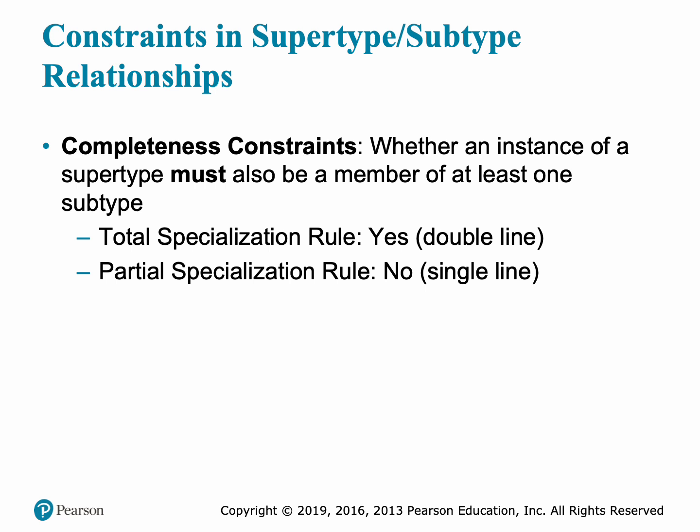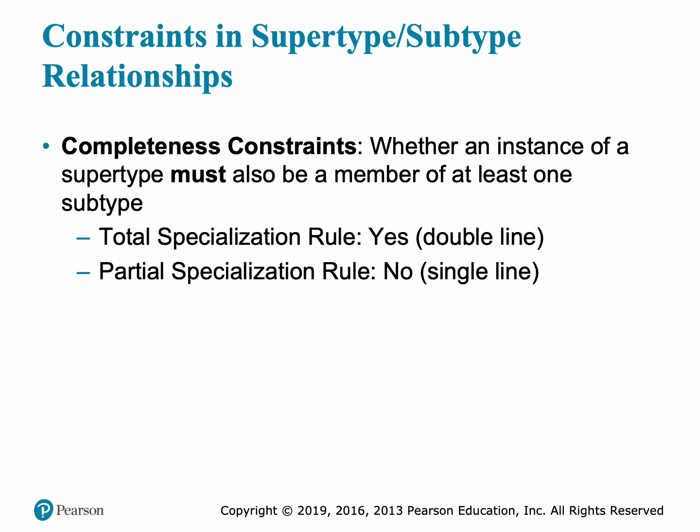In a university database, consider the supertype person with subtypes student, faculty, and staff. A total participation constraint ensures that every person in the database is either a student, or a faculty member, or a staff member.